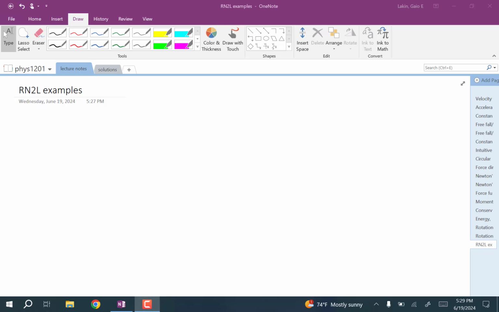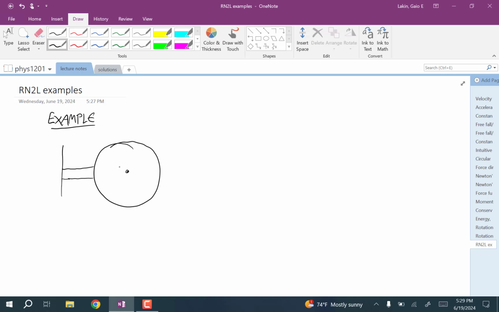Okay, here I'm just going to do a couple of example problems that should help you with the assigned problems. So in the first one, let's say that we have a disk that's connected to the wall by a pin.